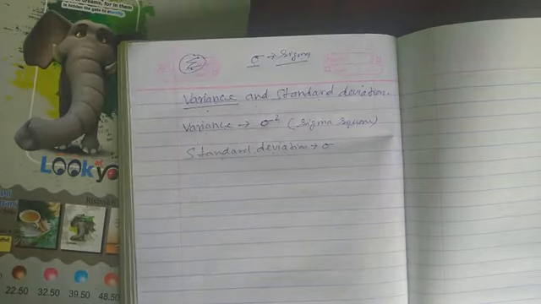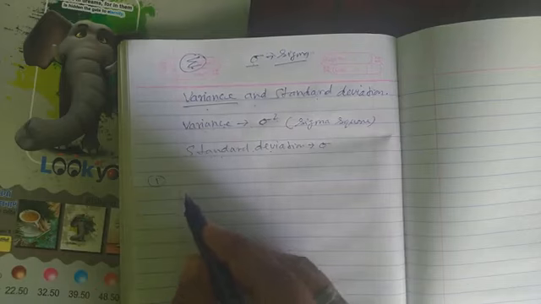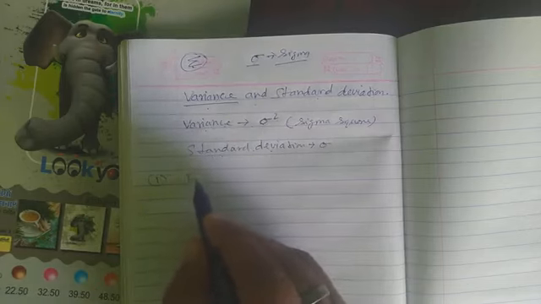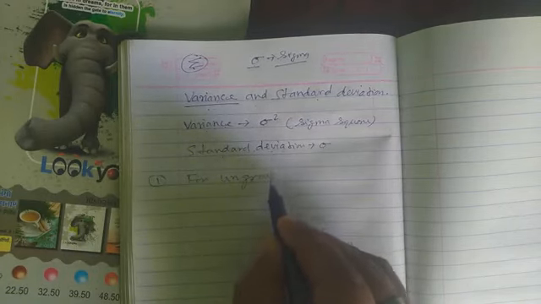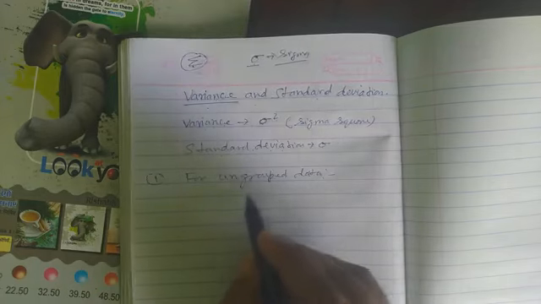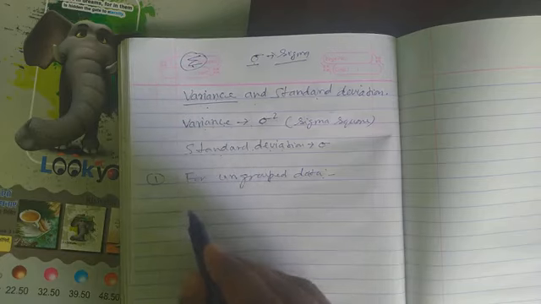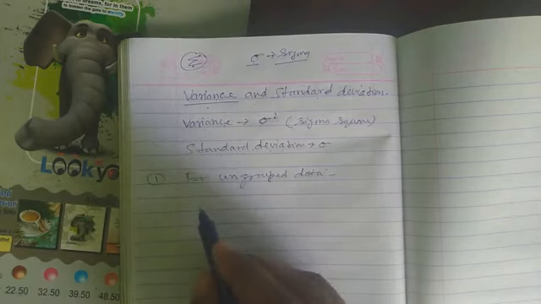Next, what is the formula of the variance? Suppose the data is ungrouped. How do we find the variance?